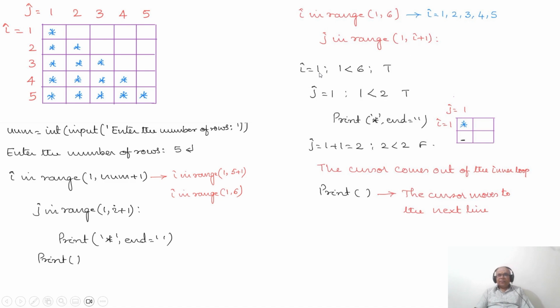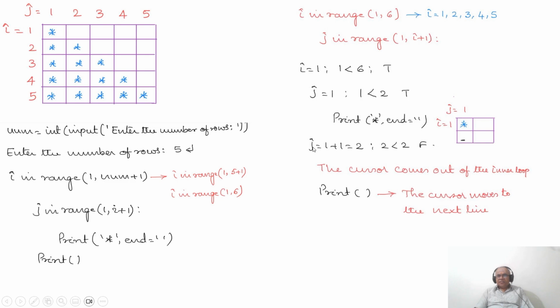When i is equal to 1, 1 is less than 6, the condition is true. Then it comes to the j loop. j is equal to 1, so 1 is less than 2, the condition is true, print star. So when the value of i is equal to 1 and the value of j is equal to 1, it will print a star here. Immediately it will go to this.